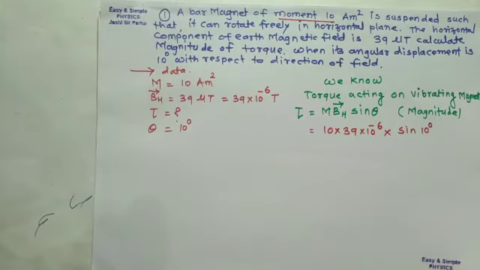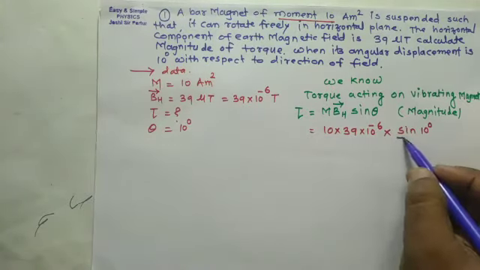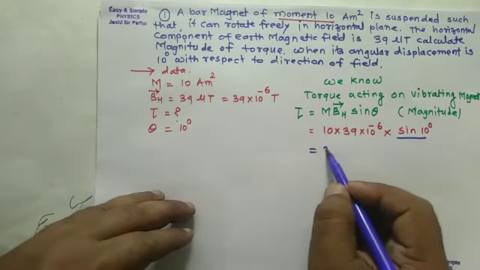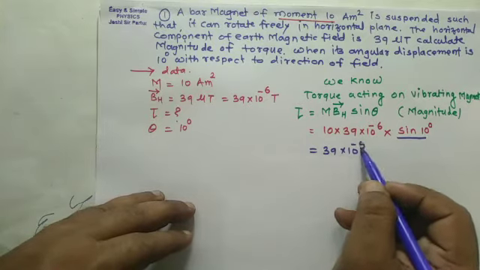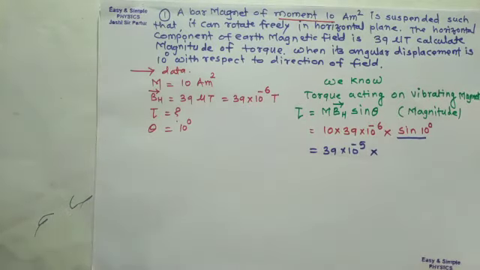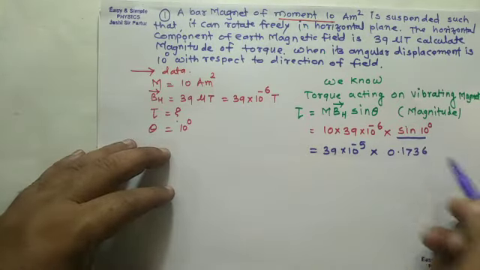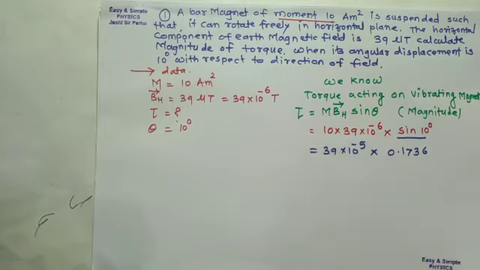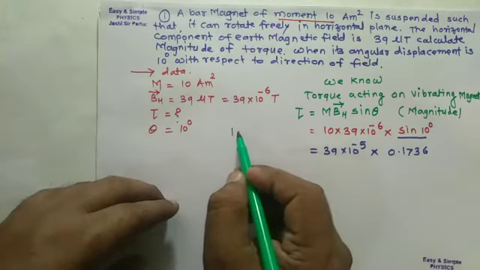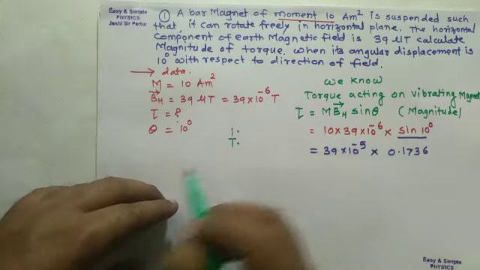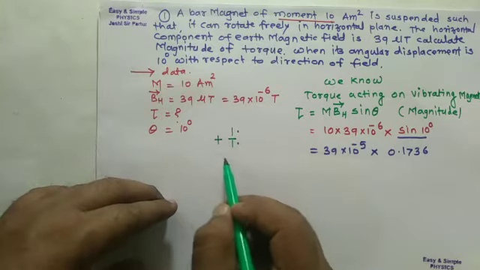So here, using natural sine we can find out sine of 10 degree, which is 0.1736. Here 39 into 10 to the power minus 5 into sine of 10 degree, using the logarithmic table. The characteristics will be 1 point, another characteristic will be bar 1 point, their addition.